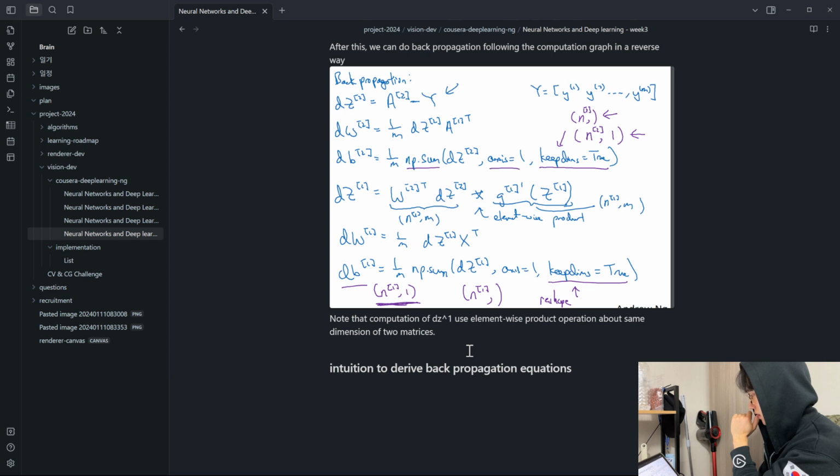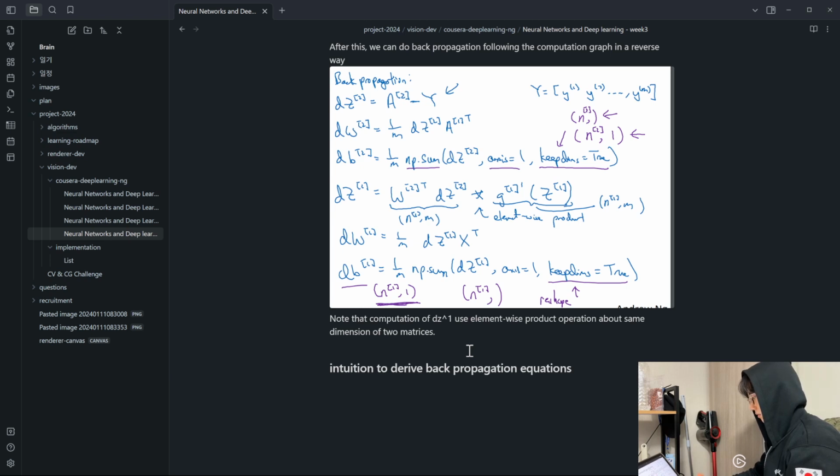It's really going to be a one by one when we're doing binary classification. And Z1, and therefore also dZ1, are going to be n1 by one dimensional. Note that for any variable foo, foo and dfoo always have the same dimension. So that's why W and dW always have the same dimension, and similarly for b and db, and z and dz, and so on.